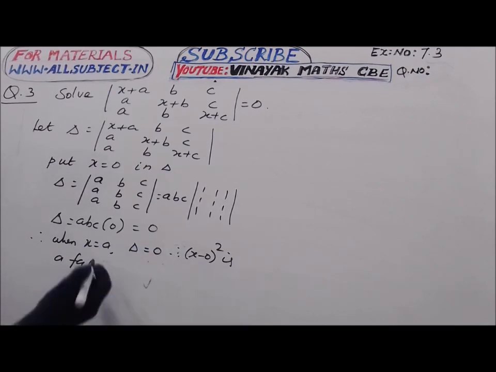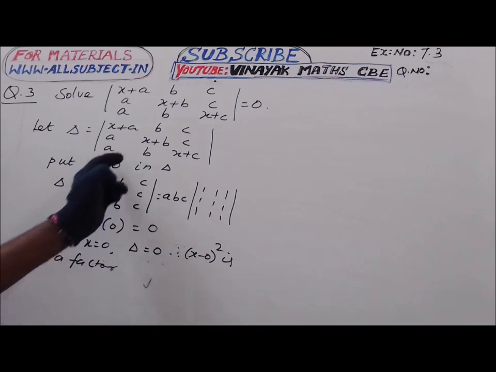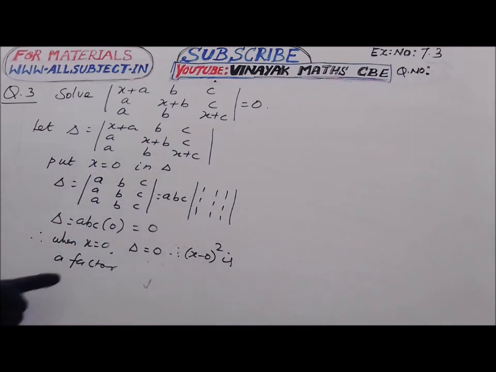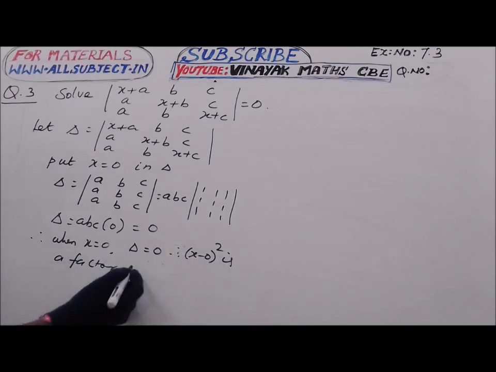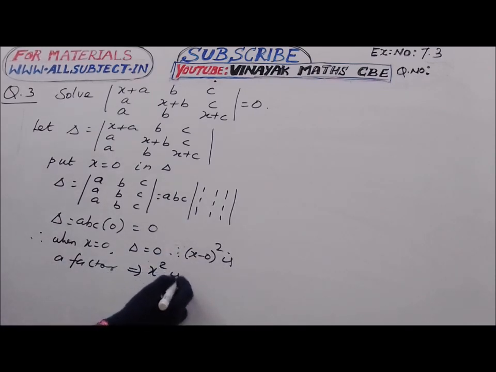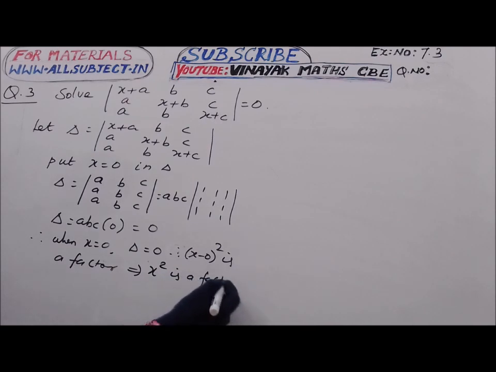Because when we substitute x equal to 0, all three rows are identical. So x minus 0 to the power 3 minus 1 is a factor. So x minus 0 whole square is a factor, which implies x squared is a factor of delta.